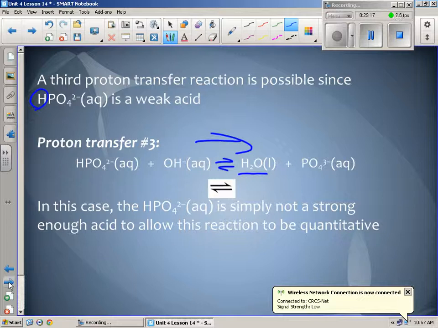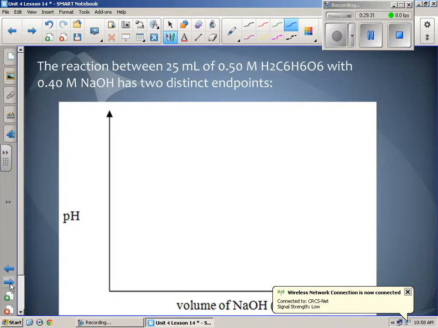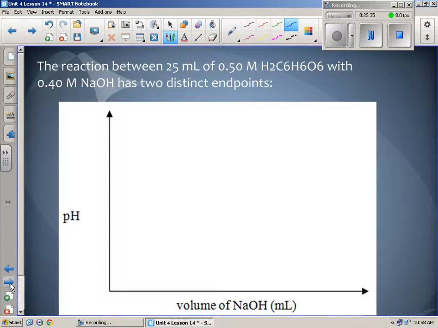Therefore, it's just going to sit in equilibrium. You can keep adding hydroxide, but this isn't strong enough to donate its proton. So that's not going to happen. The most you're ever going to have to worry about is 2. You'll never have to do 3, but just so you know, some of these acids do have another H plus that is possible to donate.